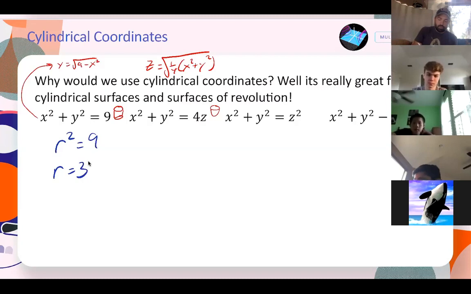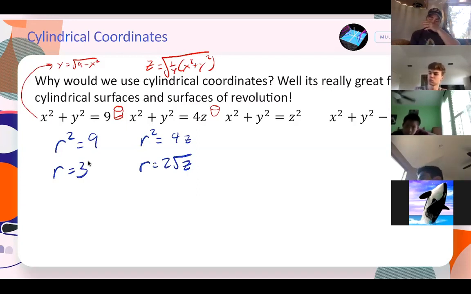Instead, we could see that we've got an x squared plus y squared, that's r squared, equals 4z. So r equals 2 square root of z. That's a power rule problem, right? Z to the 1/2, I can integrate that really easily. That's a power rule. Versus up there, the equation in rectangular has a bunch of stuff going on. It's going to be a harder integral.